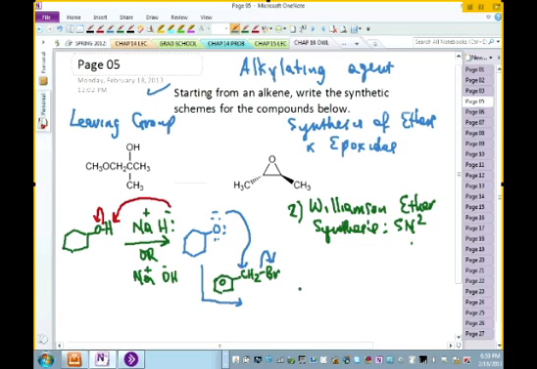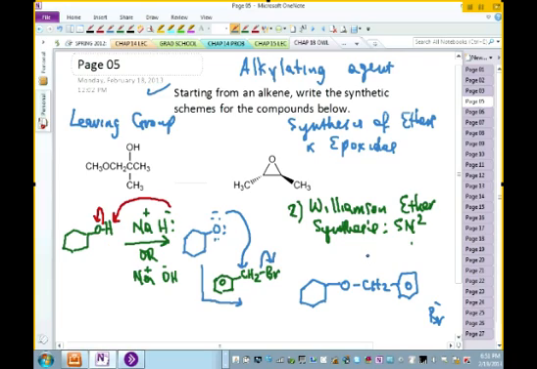Okay, and then we have this. Okay, so that reaction I've just given you is what we refer to as Williamson ether synthesis.